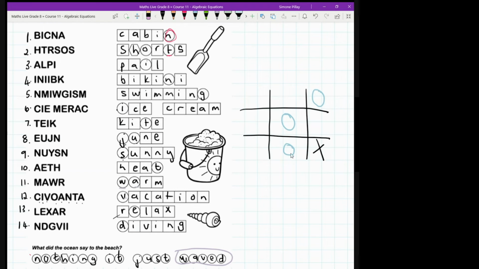Fine, I'll let you win. Where are you playing, Liako? I'm going to play in the middle. I'm going to go here. Where can I go now? I'm going to go down in the middle. Down here. Yes.